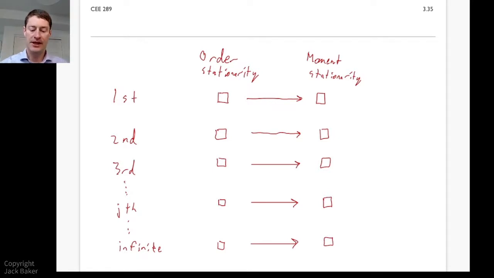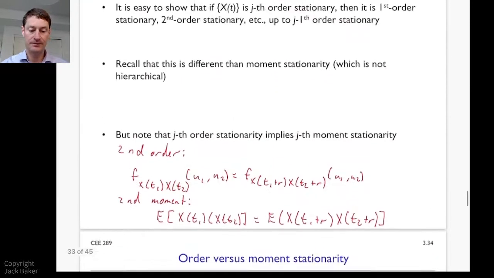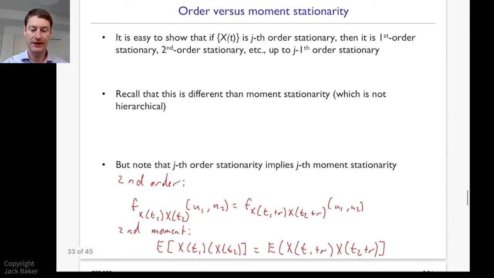Okay. And there are some other relationships we can build in here as well, based on the hierarchy of order stationarity. Let me clean up this arrow here. It's a little messy. Okay. So we said that if x of t is jth order stationary, then it's also first order stationary, second order stationary, up to j minus 1 order stationary.